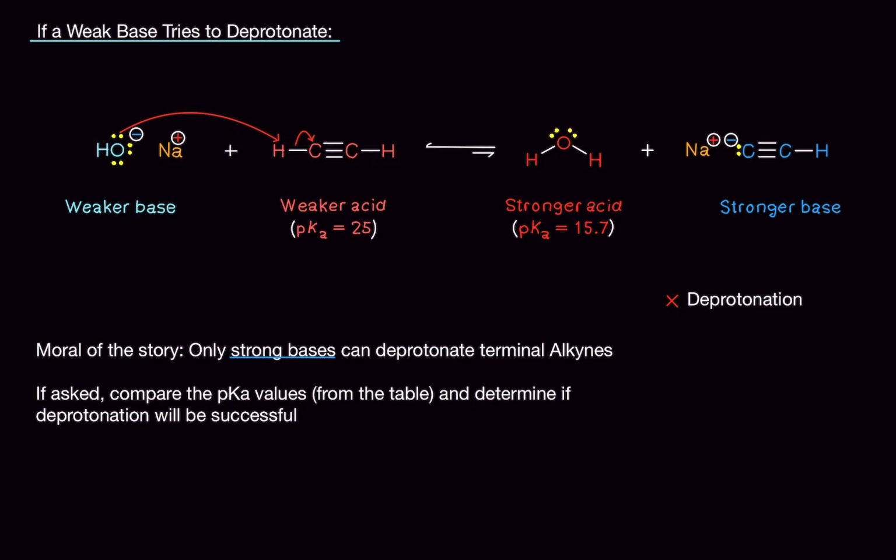So moral of the story is only strong bases can deprotonate terminal alkynes, and this is going to play a role in the very next slide. So if you were asked, compare the pKa values from the table that you're going to be given and determine if deprotonation will be successful. That's what we're going to do. All right.